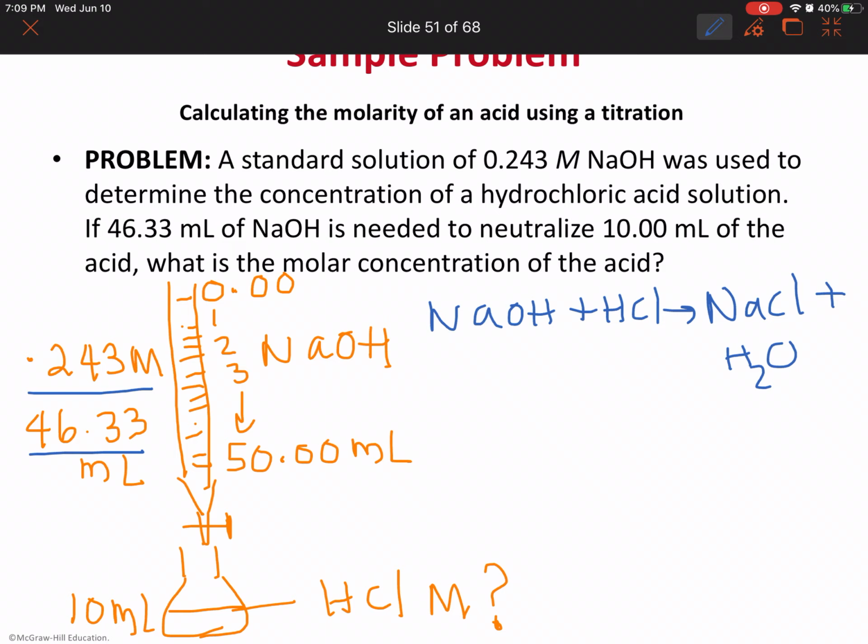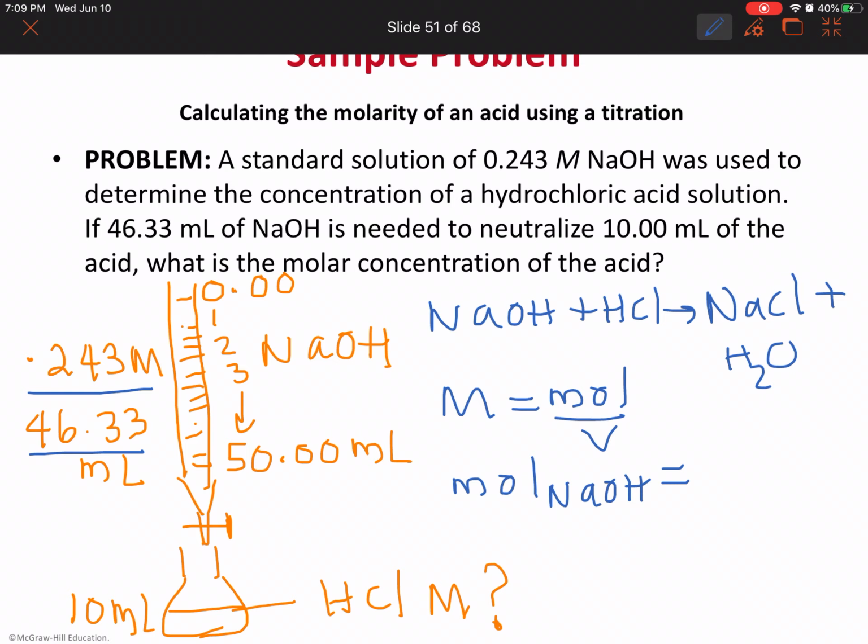It is balanced. Okay. We can find out the number of moles of sodium hydroxide. Remember, molarity equals moles over volume in liters. So the number of moles of sodium hydroxide would be molarity times volume, M times V.